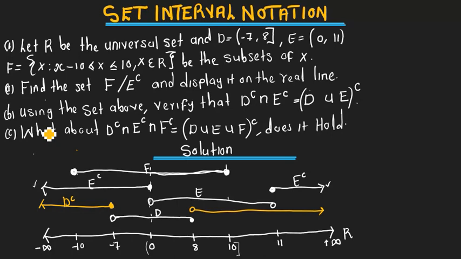Now we find the intersection of these guys. So E complement is intersecting with D complement on the left handed side from here up to negative infinity. Then this side, this is D complement. So they are intersecting from here all the way to this side.